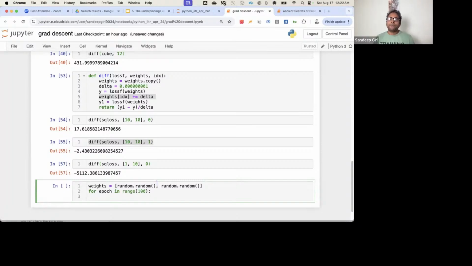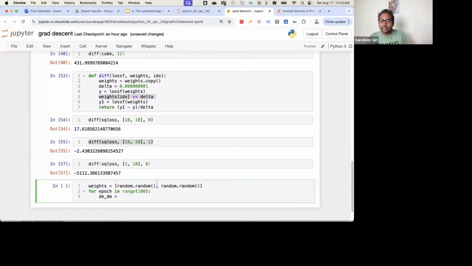We are going to take these weights, whatever we have chosen randomly, and calculate the rate of change of error by M, dE by dM.